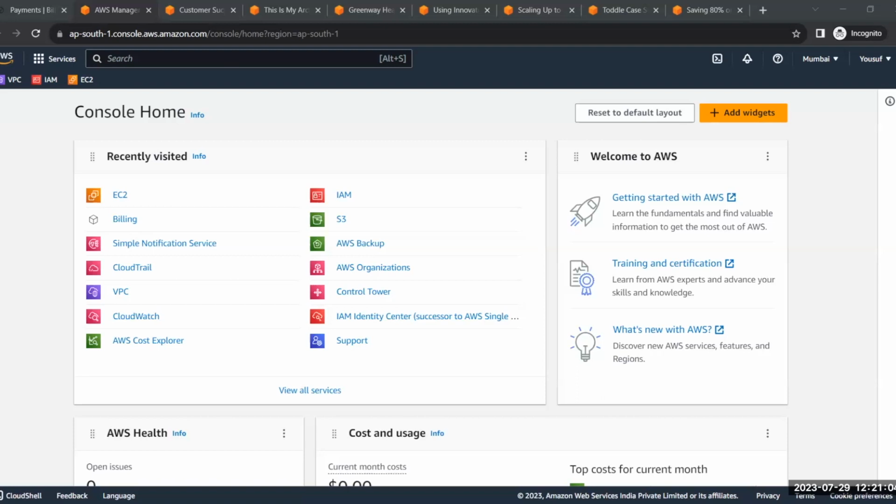Part of our day-to-day work, for whatever infrastructure we have built, is to check the health of EC2 instances. It depends on how many instances you have.